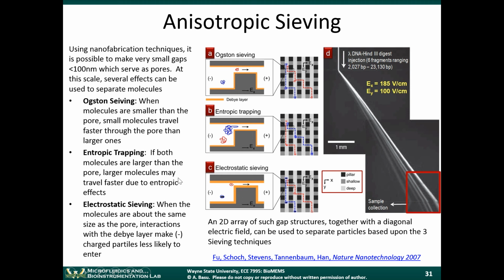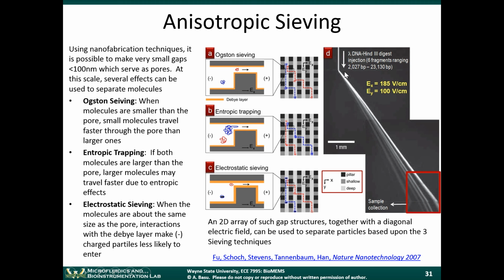Based on these different mechanisms, they have an array of these structures. They apply a voltage in the y direction to make all the molecules go down, and they also apply a voltage in the x direction to get these molecules to go through these nanoscale structures. Depending on which operational mode you're in, the different molecules will separate out into different channels in time. You can't see the individual structures here because they're too small.